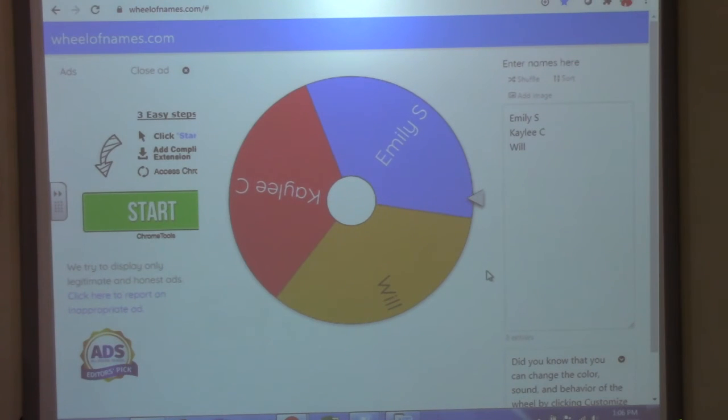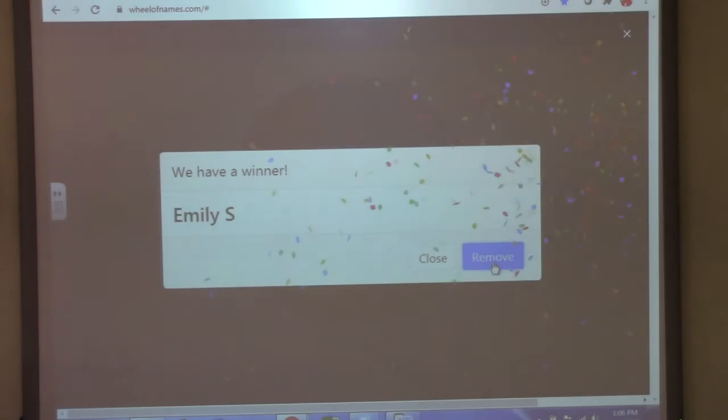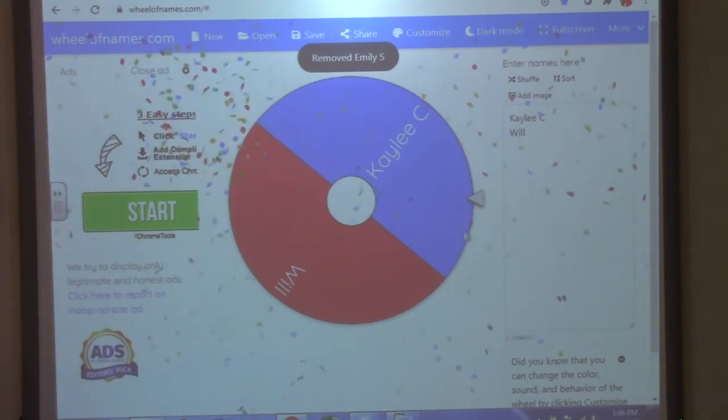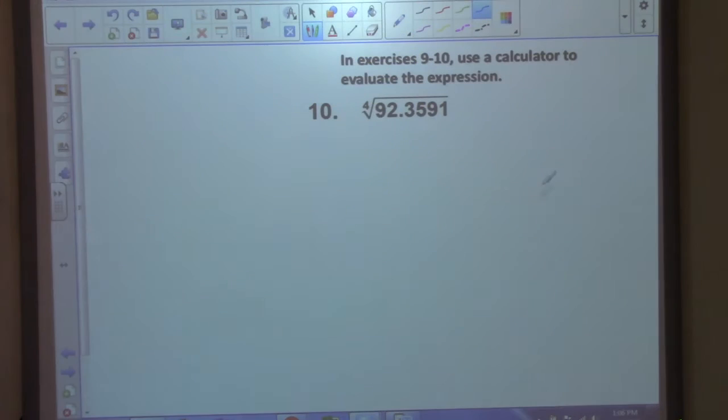So we got Will. Katie, why don't you give us the answer to number 10? Okay, it's 3.1. And what they give is 3.100 something, but in the book they just call it 3.1. So really it's an exercise in just using a calculator. This is the last one.